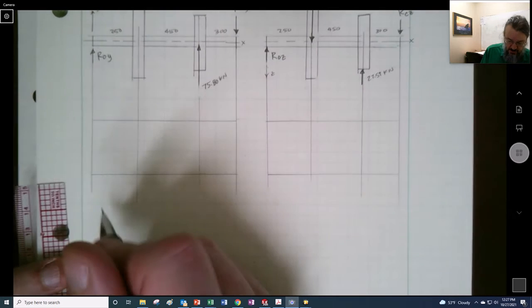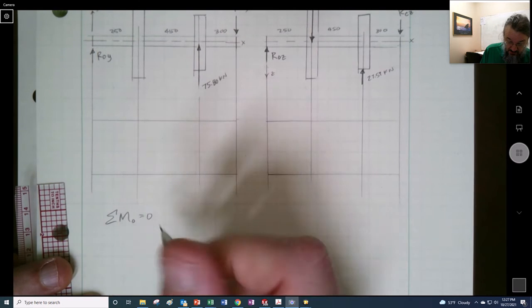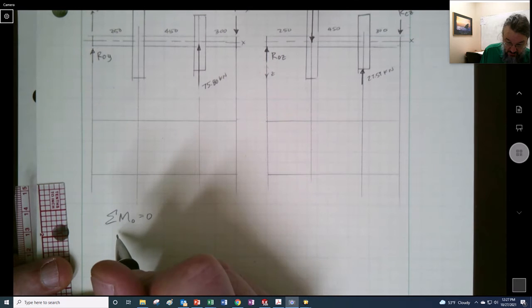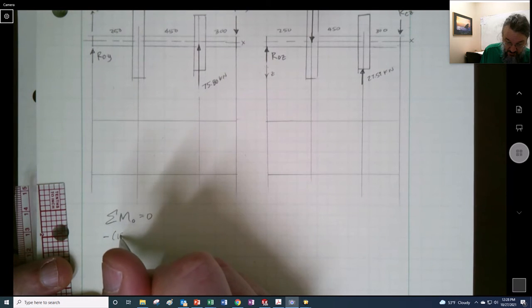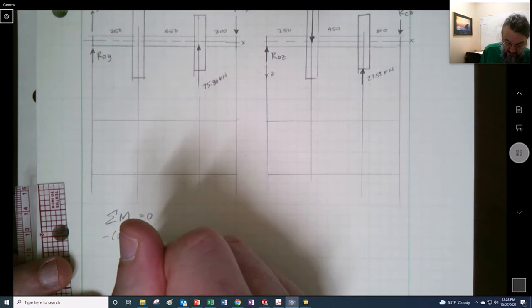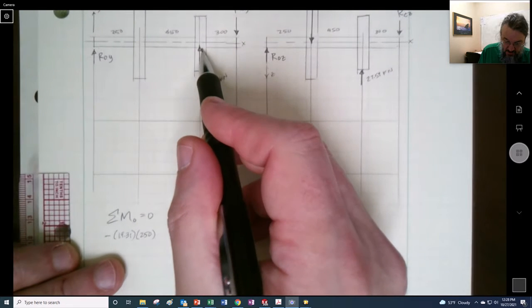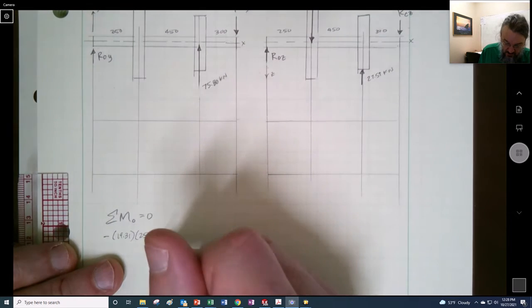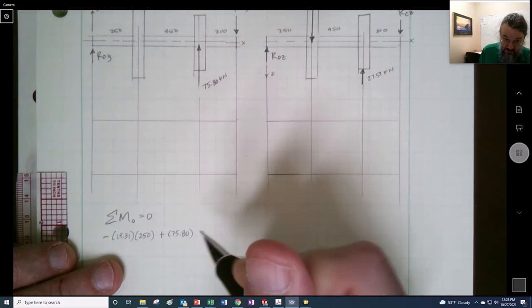So we'll take the sum of the moments about O here, and we start out with a negative number, right? Because we're going clockwise. So we have 1931. I'm going to use millimeters because it's just easier. That's going to cancel out anyway. And then this one is going clockwise, so we got the 7580, that's the large number.